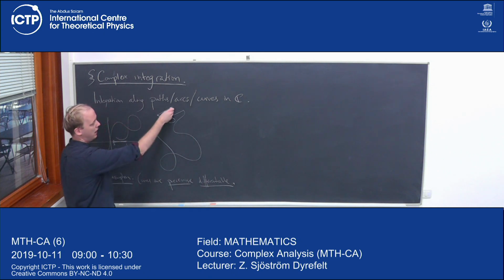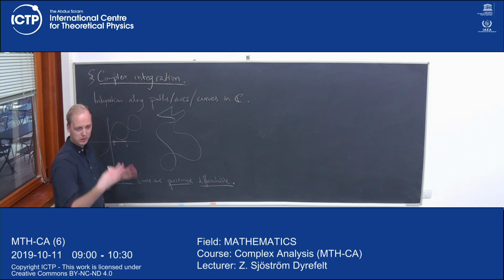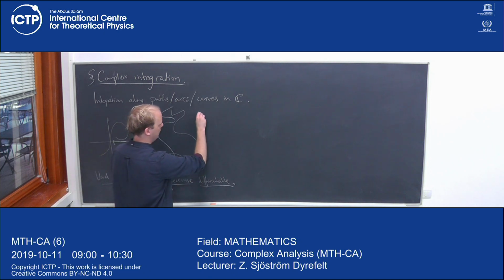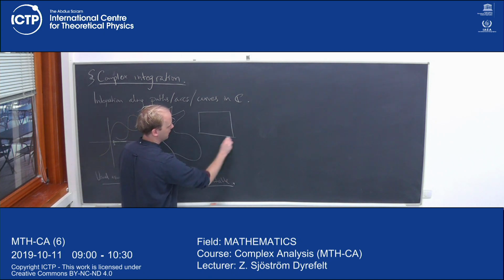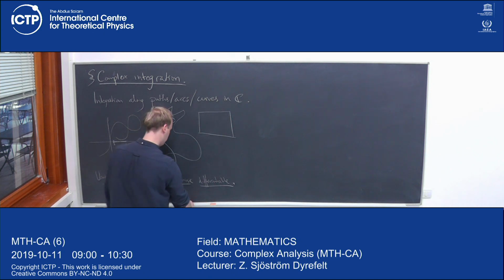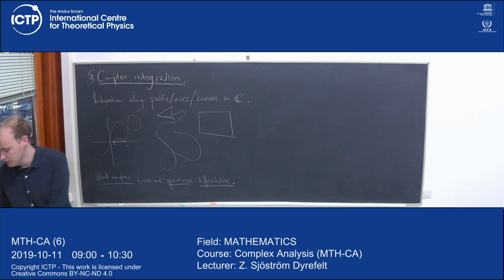Okay, so it means that you can have points like this, where we are clearly not differentiable because we make a sharp turn, but it doesn't matter. So in particular, you can have things like this. This would be a usual thing. You could have a rectangle in complex analysis, and you integrate along rectangles. This is allowed. It doesn't matter that it's not differentiable here in the corners, because it's piecewise differentiable.